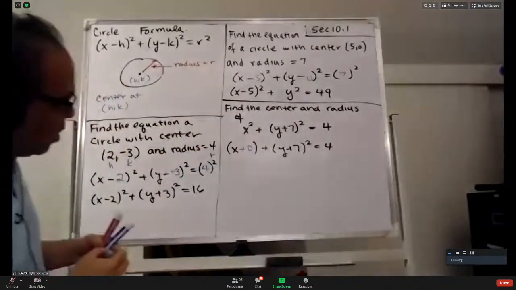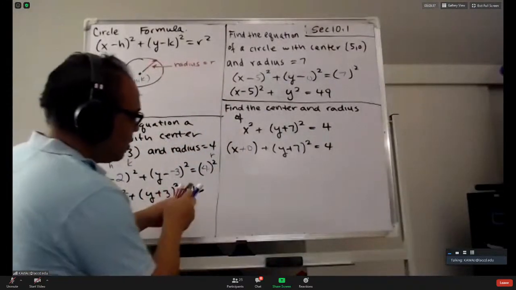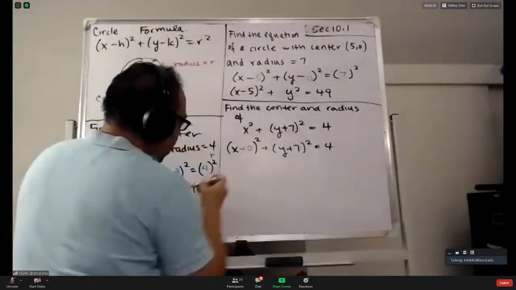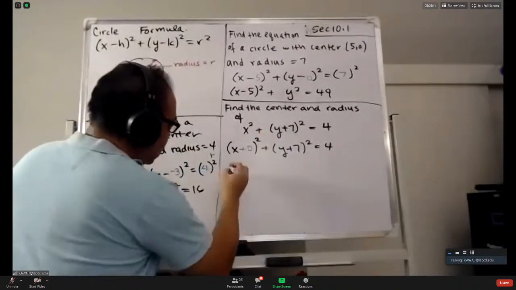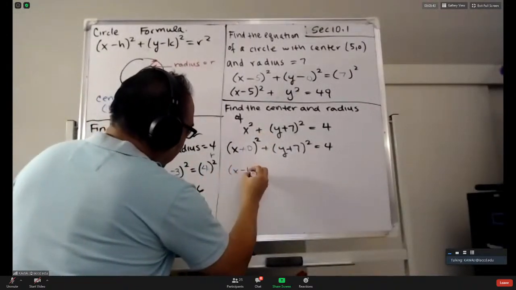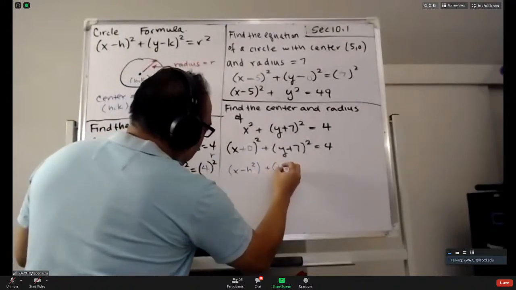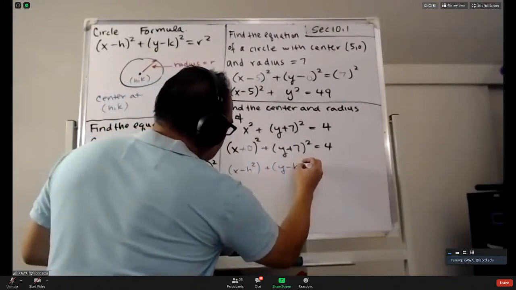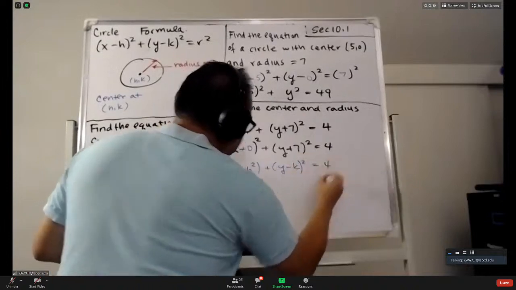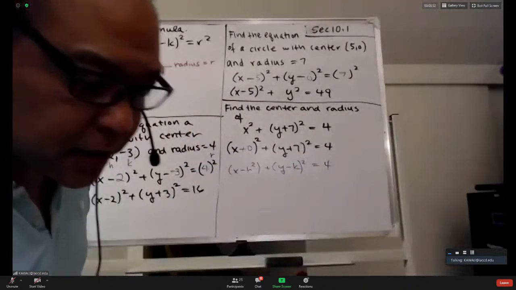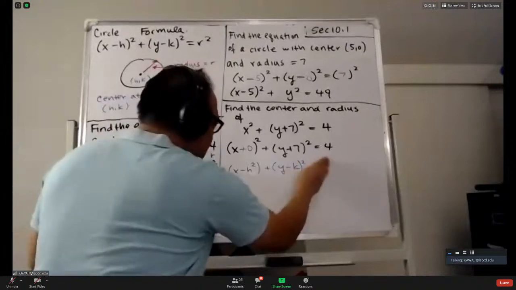Now, if we look at the formula, there's a square here. It looks like x minus h squared plus y minus k squared is equal to r squared.